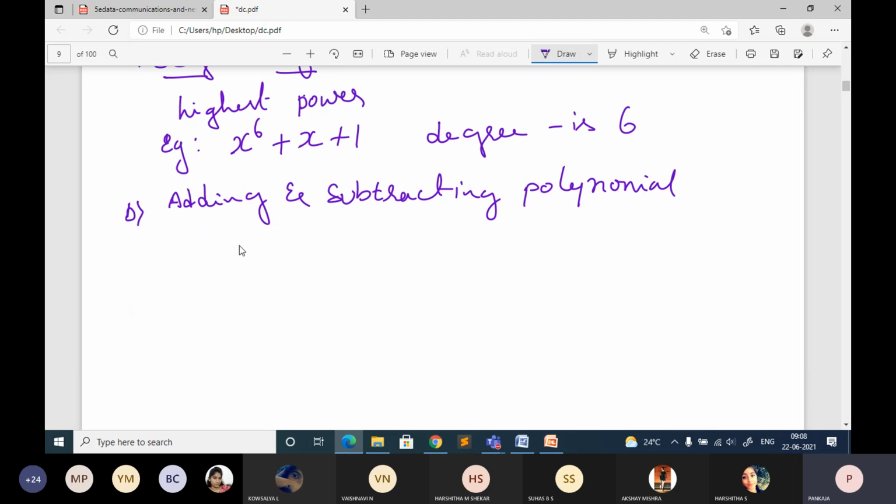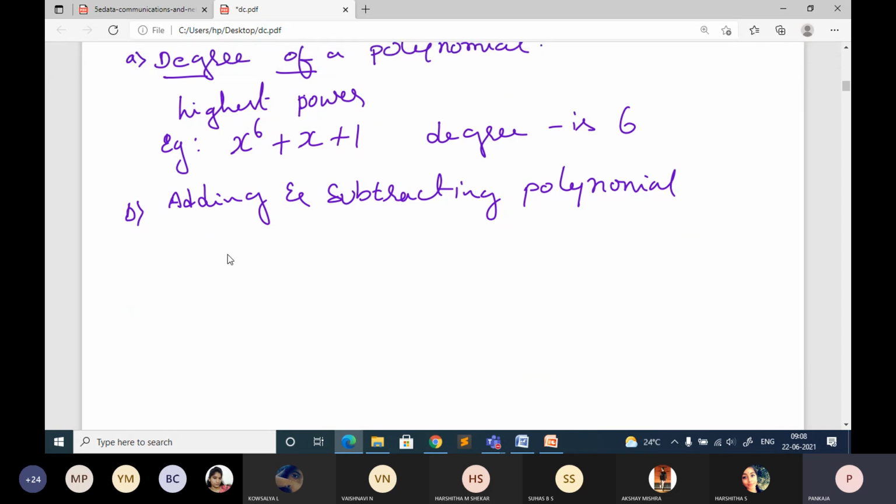It can be done by adding and subtracting the coefficients of terms. Whatever terms you have in the polynomial, if you are going for addition or subtraction of two polynomials, you have to add the coefficients of each of the terms.